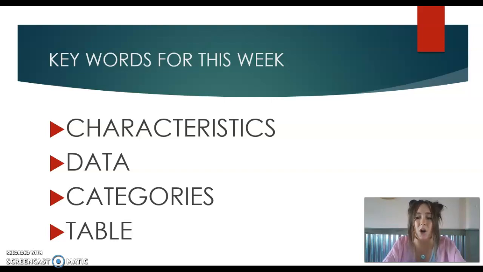So categories are groups. Depending on what we're talking about, it can be 100,000 different things. If we want to talk about ice cream flavors or sports, you name it, we could make a category for it, right? You could do different types of music that we like, or you could do this all day. But today we're going to talk about animals.